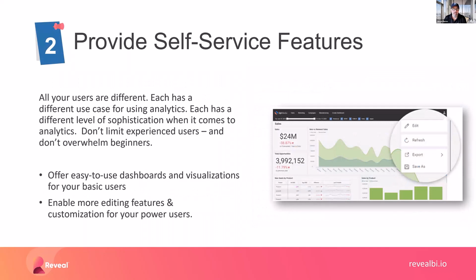Self-serve is also big. In fact, many vendors don't even allow self-serve in their web SaaS apps. You have to download a desktop client to build dashboards, save dashboards, upload them somewhere, and then you can view them on the web. Reveal has self-service features on the web and on the desktop, so you don't need a separate app.